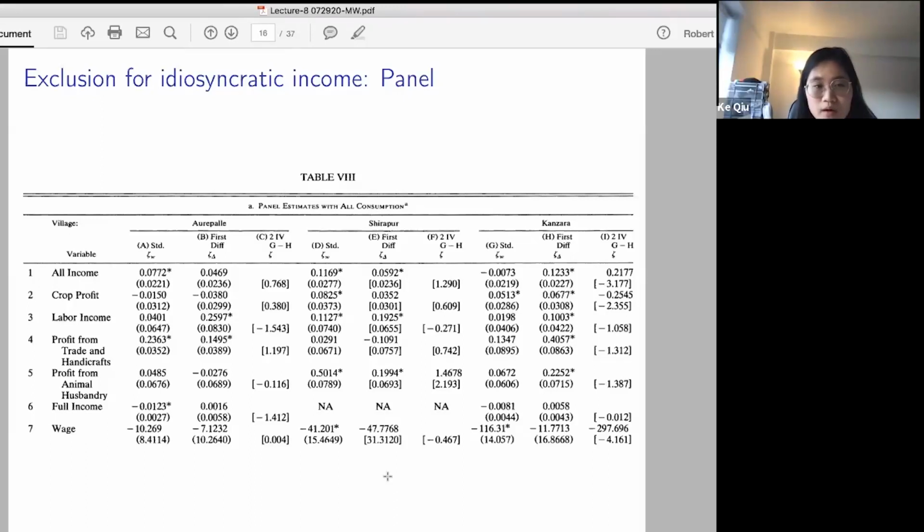Here we assume, I see the sample had about 40 households in each village, but in this model we assume that the number of households should be large. If not, then the idiosyncratic risk might not be shared.